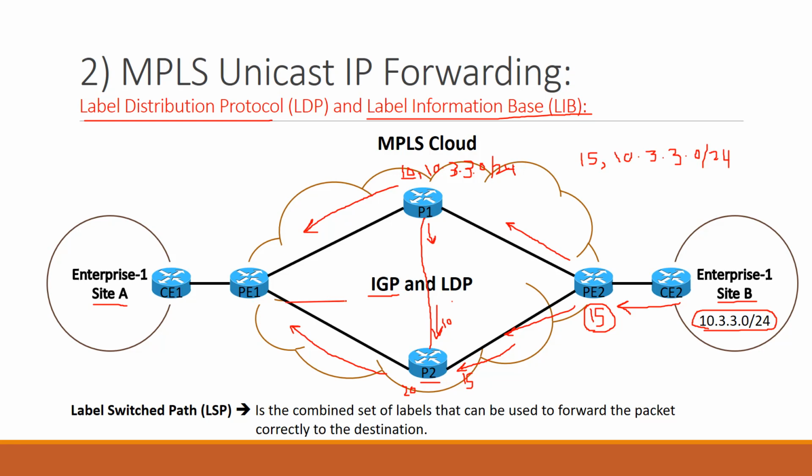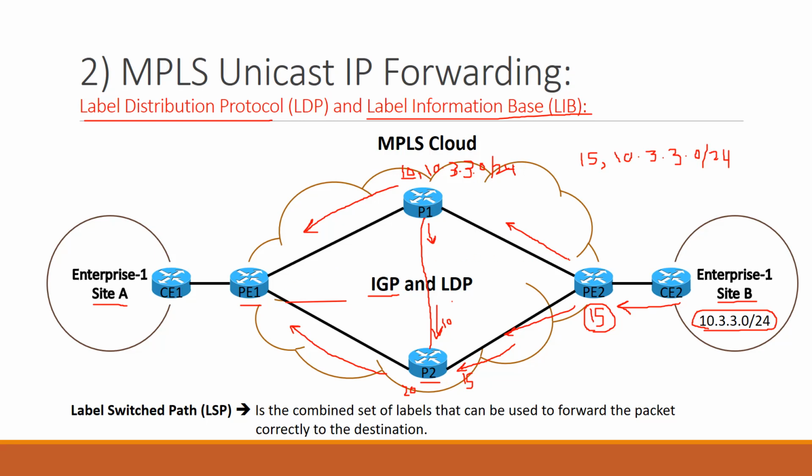Now BE1 will do the same as P2. It will store these update messages inside its label information base, choose which one is best, and update the CEF FIB and the MPLS LFIB.